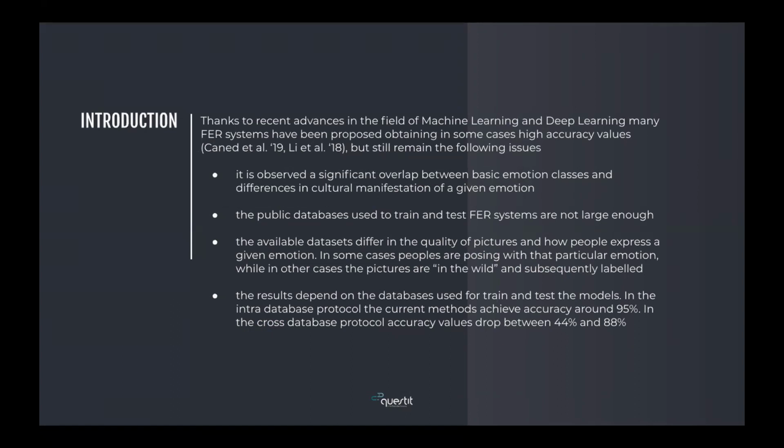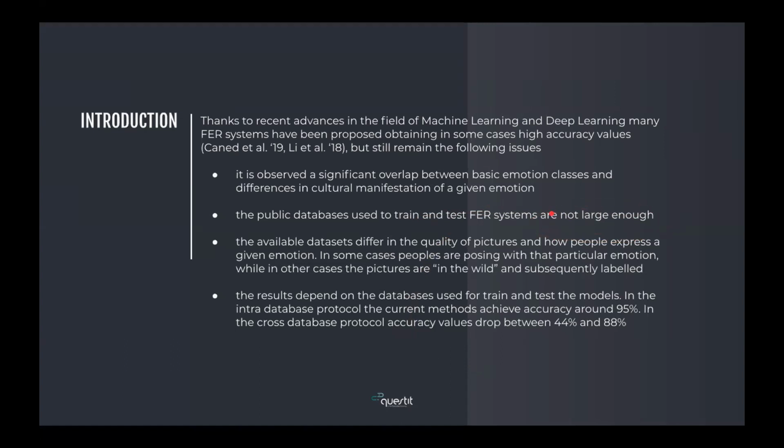First, it is observed that there could be a significant overlap between basic emotions. And also, there is a difference in cultural manifestation of a given emotion. The biggest problem is that the public databases used to train and test systems are not large enough. This is the biggest problem.